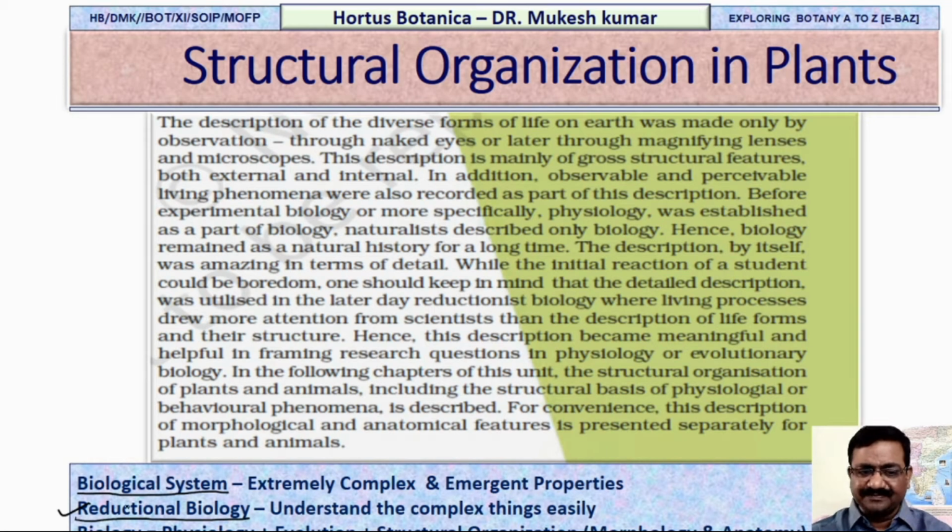So what is this reductional biology? It deals with understanding the complex thing easily. As I told you, biological process is complex, biological system is complex, and when you add this reductional biology, it is going to make it easy.